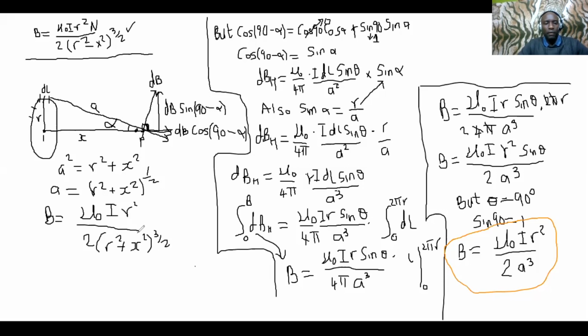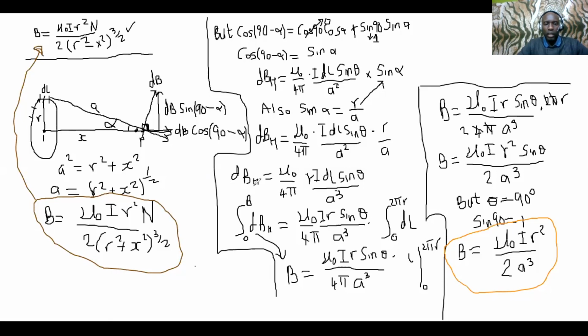Now this is the expression for a single turn of the circular coil. If you have many turns, we multiply this expression by n. Hence we have obtained the required expression for magnetic field at any point on the axis of the circular coil.